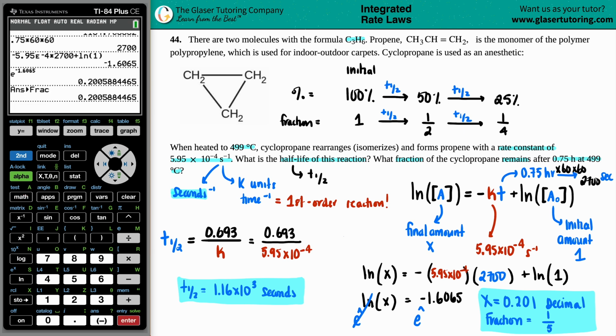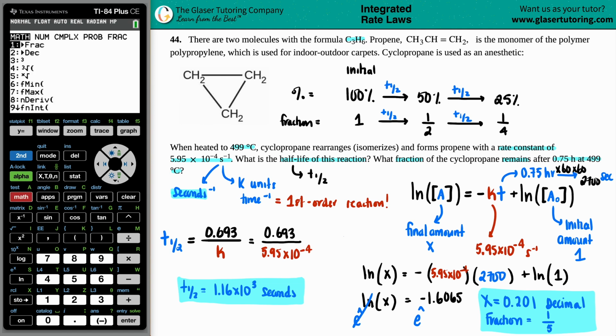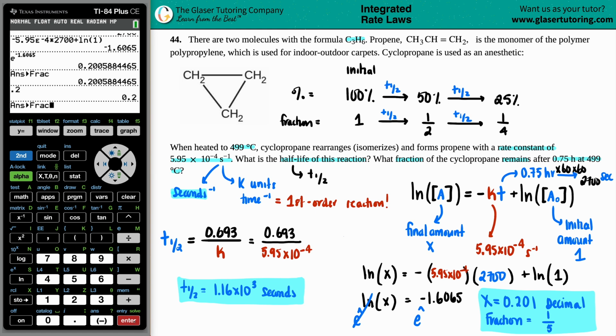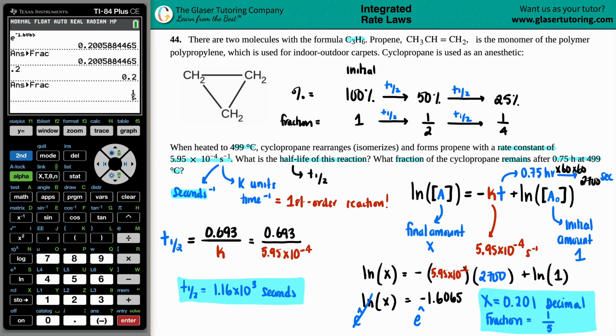Yeah, it didn't, because there's a lot of decimals here. But if you just take your closest value, so 0.20, right? So if I say 0.20, now I do my math. Let's see if it'll give me the fraction. There it is. So with this way, just make sure that you have just the one number rounded.